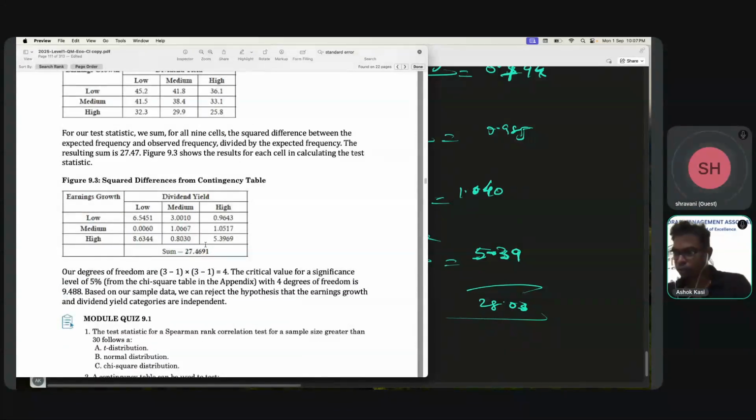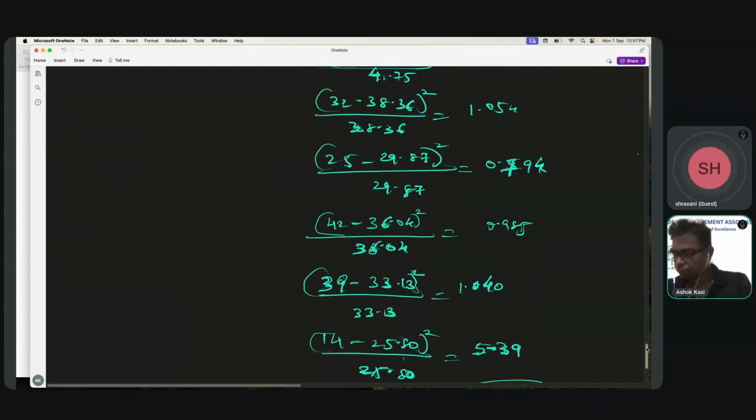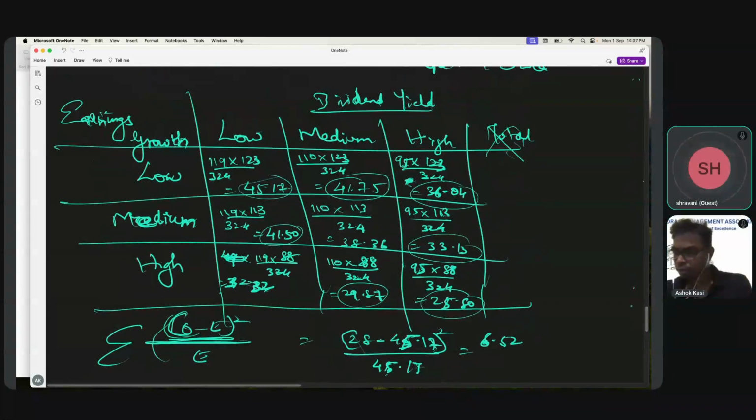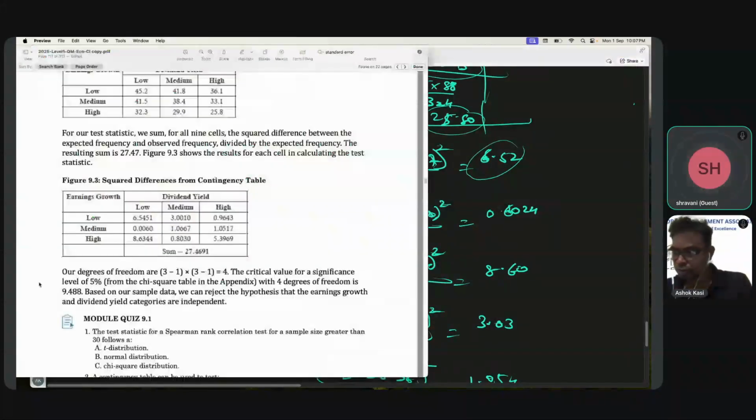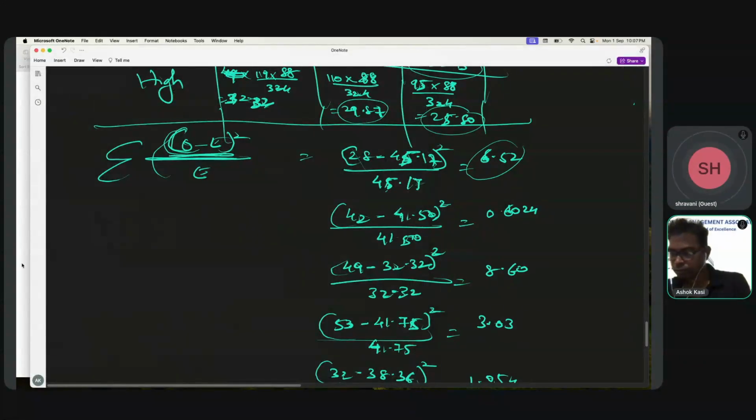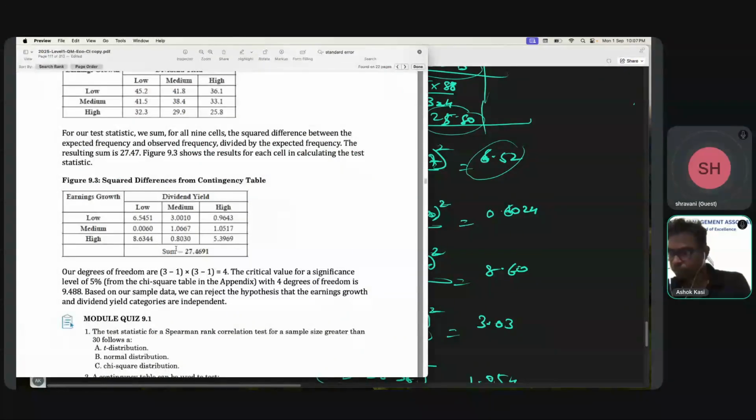They have got 27, which is okay, since this is all decimal differences. We can roughly check: 6.52 is a square difference of 54, which is okay. 8.6 is okay, fine. This much is okay.